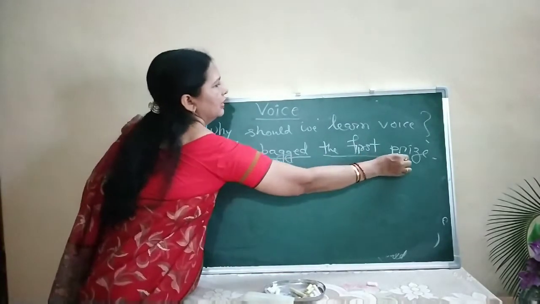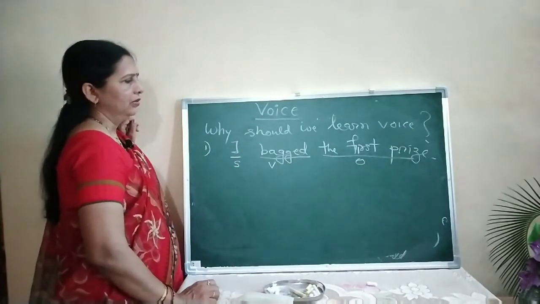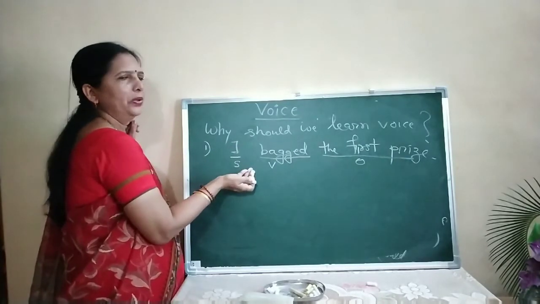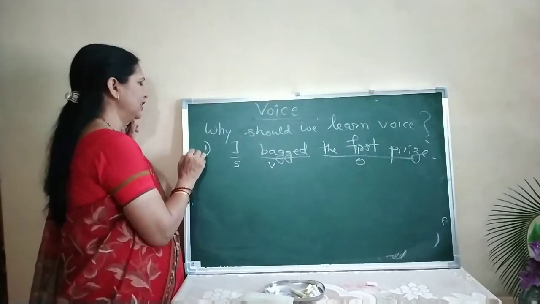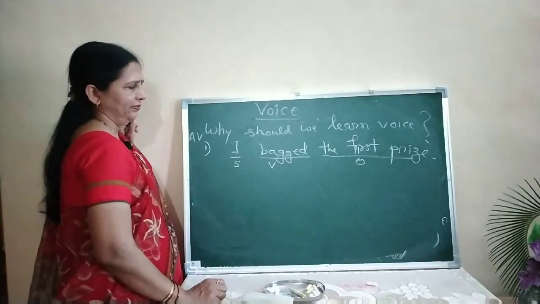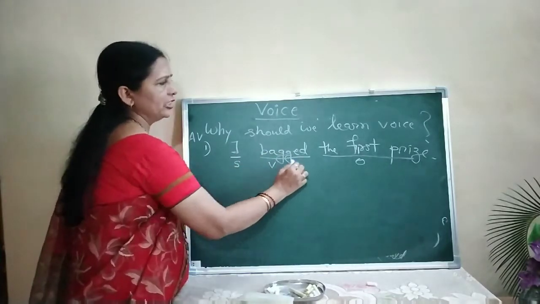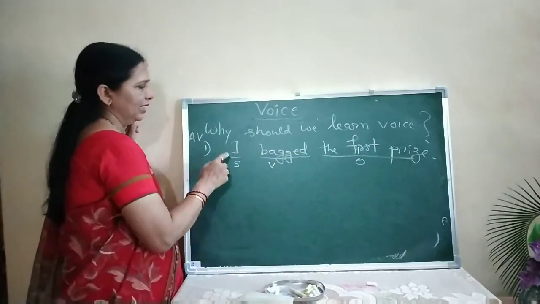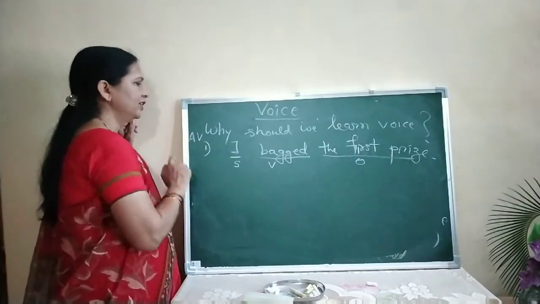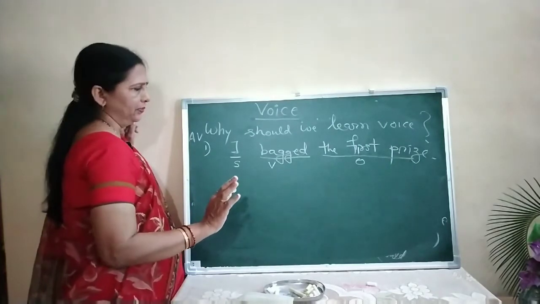What? The first prize. This is the object. Now, it is very clear here, no form of to be is used. Means 100% the verb is in active voice. Second thing, I bagged, the action is bagging the first prize. I, the doer of the action, is important. So it is in active voice.